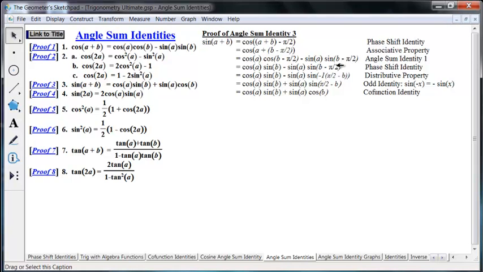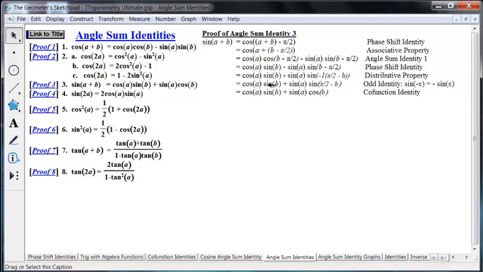Now, okay, so we just did that. Now this next part here, I'm going to factor out a negative 1 out of this and make B minus pi over 2 into minus 1 times pi over 2 minus B. So that's just the distributive property and commutative property there. Now sine is an odd function, so sine of minus x is the opposite of sine of x. So this minus comes out, and it's going to cancel that minus out and make a plus.